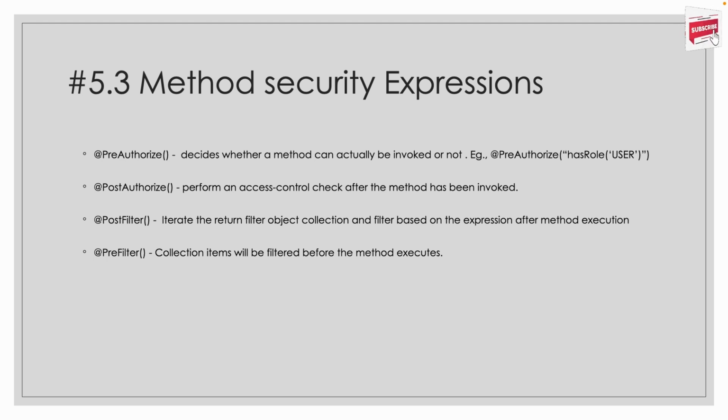PostFilter will get executed after the method is invoked and performs the filter operation. PreFilter will work before the method is invoked and removes whatever elements where the validation returns false.